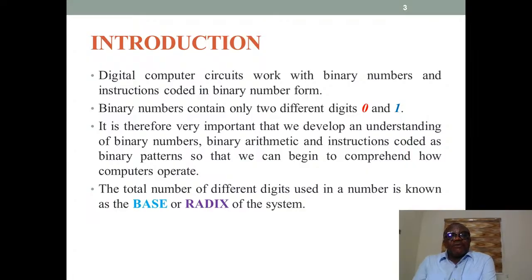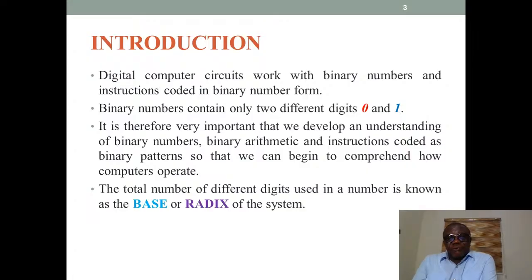It is therefore very important that we develop an understanding of binary numbers, binary arithmetic, and instructions coded as binary patterns so that we can begin to comprehend how computers operate. The total number of different digits used in any number system is known as the base or radix of the system.